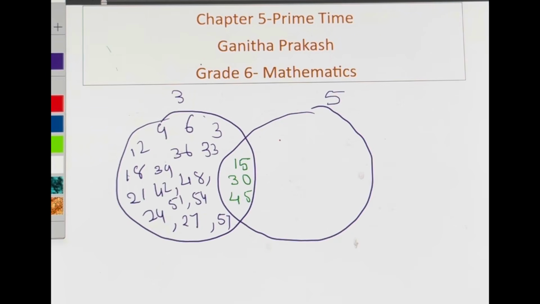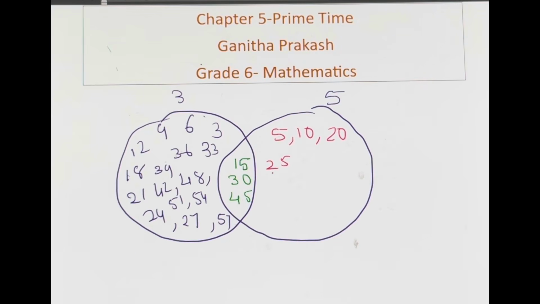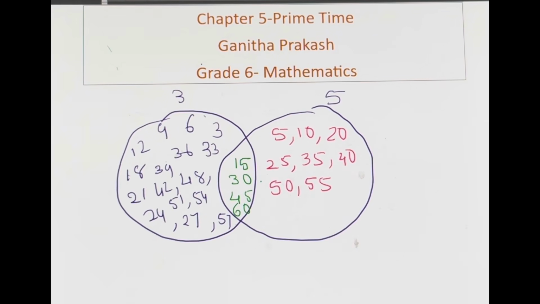So 5, 10, 15 is already in the center, 20, 25, 30 is already here, 35, 40, 45 is already here, then 50, 55 and 60 would be in the center. Okay, so this is how you will make the diagram.